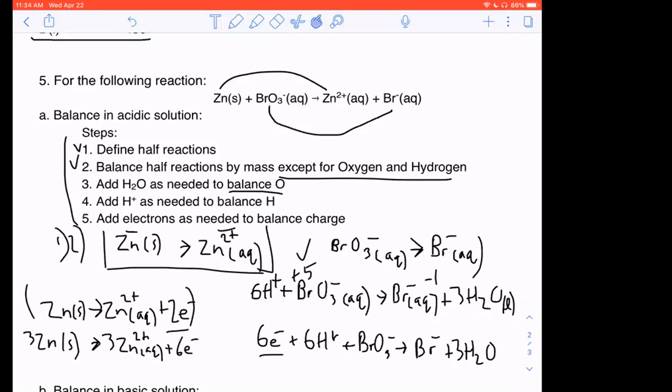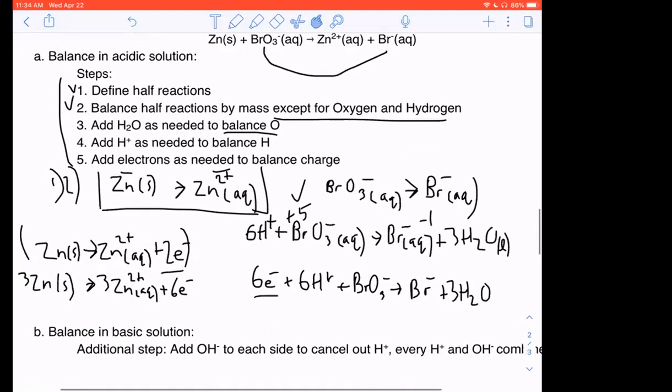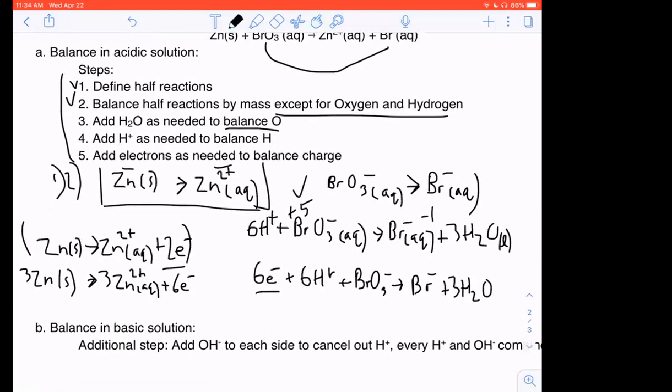And so the last step then to write out that overall balanced reaction in acidic solution is you're just gonna add those together. Since these electrons are on the products over here, and on the reactants over here, I'm just gonna cancel those out to start with. And writing that overall reaction then, we get 3 zinc. I am gonna leave out the states, I apologize, just to save some room, and it's a little harder to write the smaller states on my iPad.